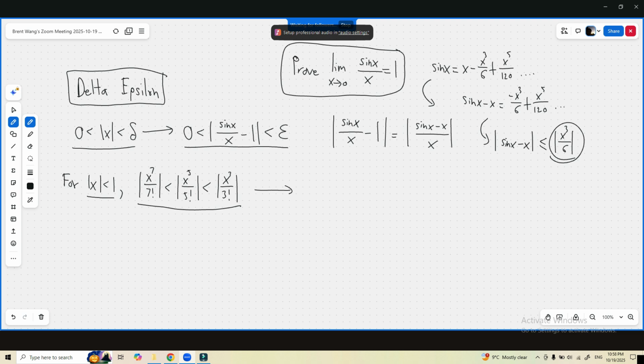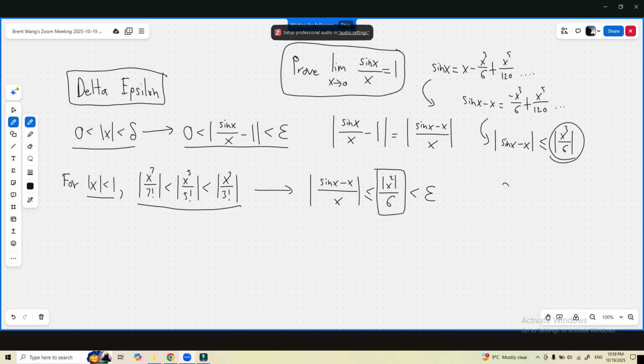So from this, we can say that the absolute value of sine x minus x divided by x is less than or equal to absolute value x squared over 6. And this is less than epsilon.